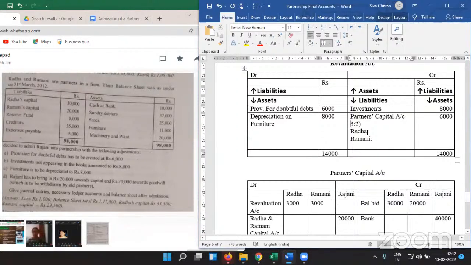Okay, so 6 by 5, 6,000 by 5. How much will you get? 6,000 divided by 5 is 1,200. 1,200 into 3 is 3,600.